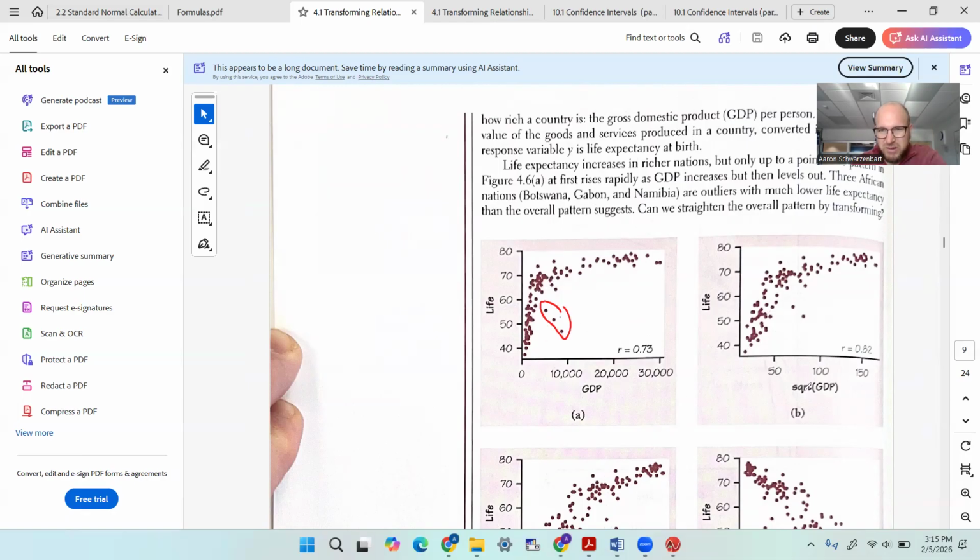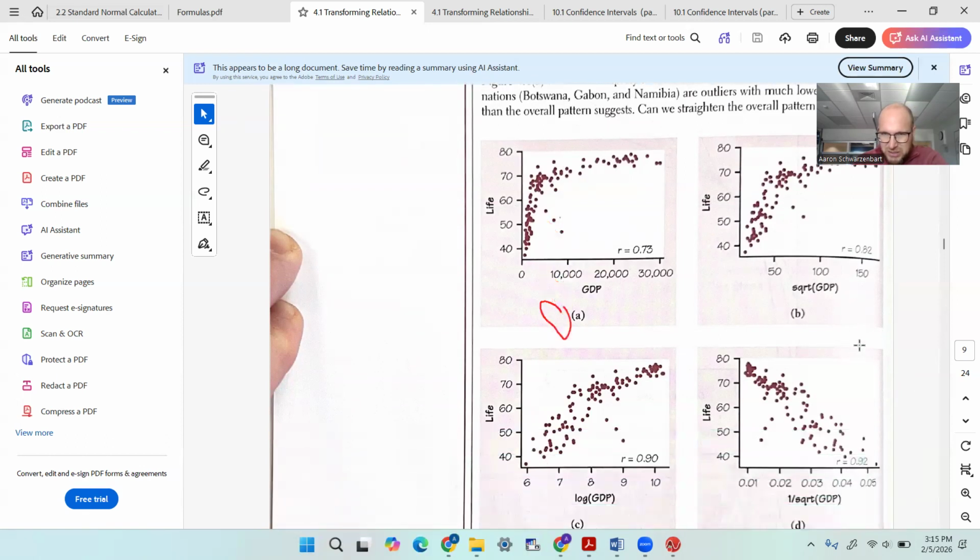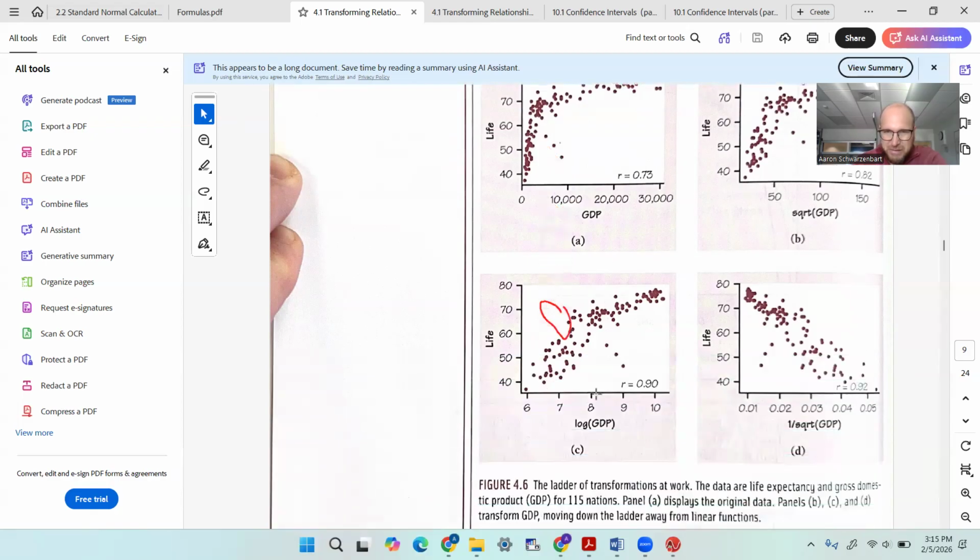If we square root the x-axis, we get something closer, not quite. We get an R of 0.82 now. If we log the x-axis, we get something pretty good.